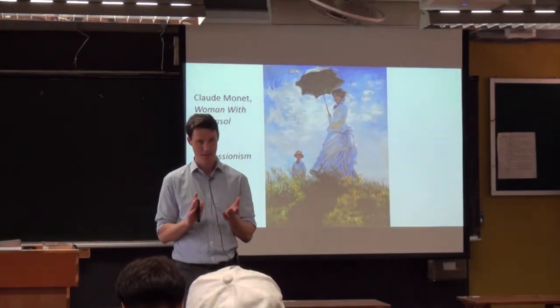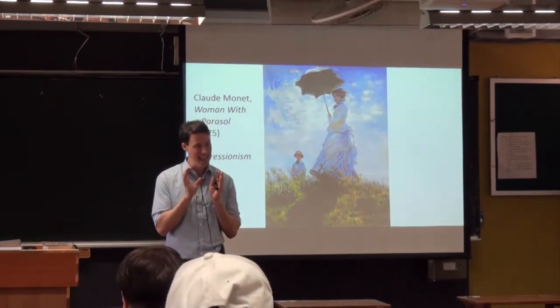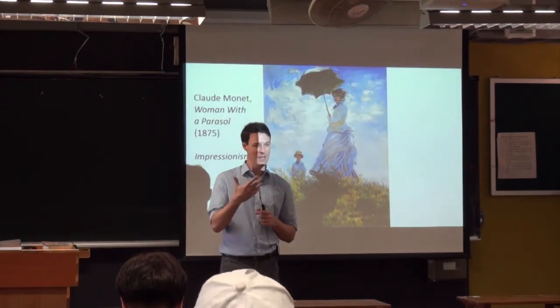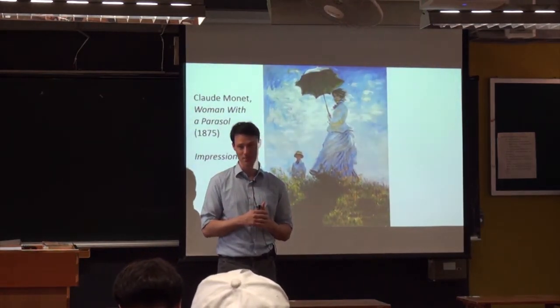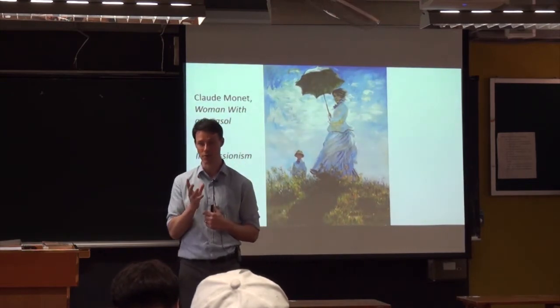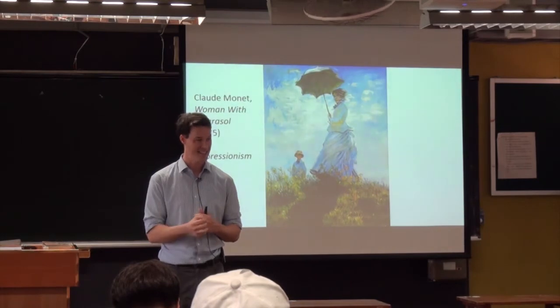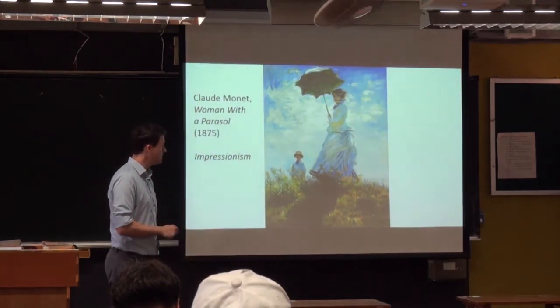These primary colors give you an intense feeling of maybe the love that Monet feels for his wife, because they're very strong and powerful colors. It's not dull, it's intense, just like his feelings for her.